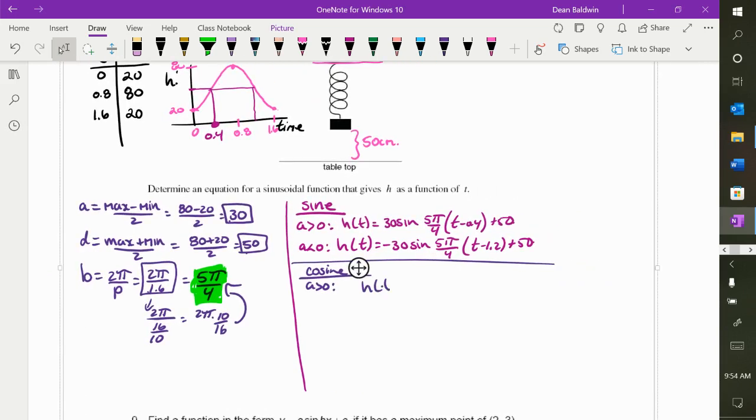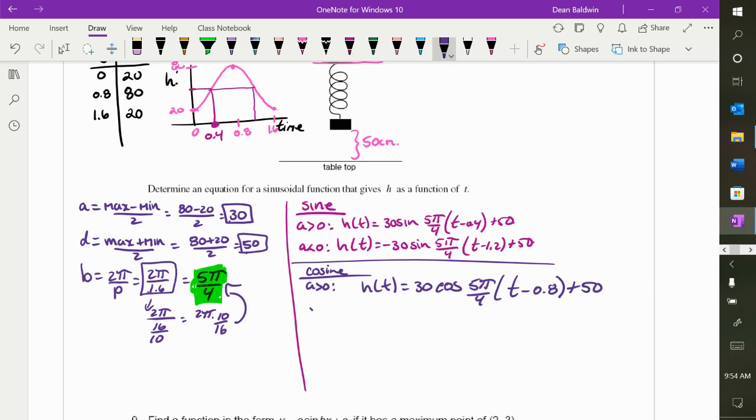So it's h of t is equal to 30 cos 5 pi over 4 t minus what? Yeah. T minus, not 80, 0.8, plus 50. If A is less than 0, what is it?